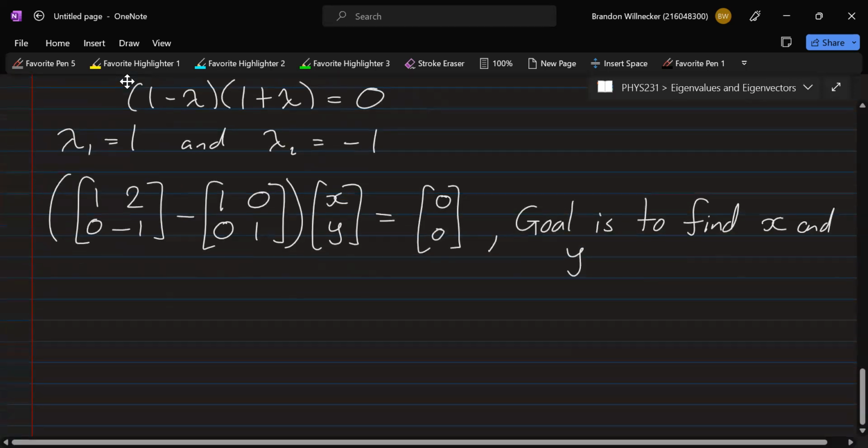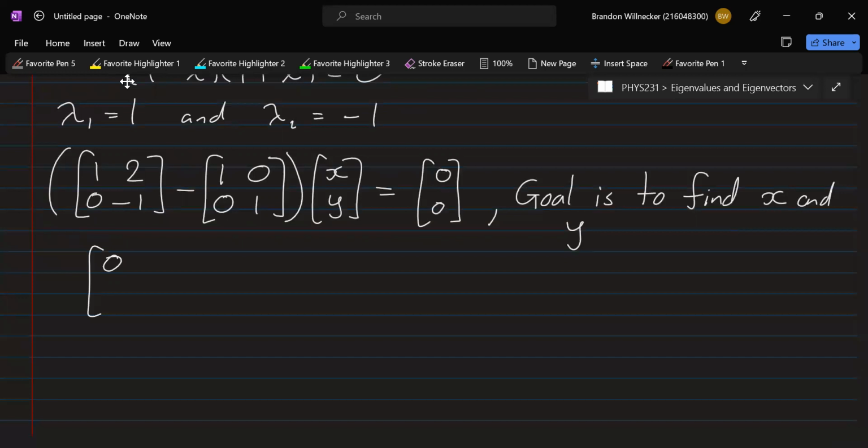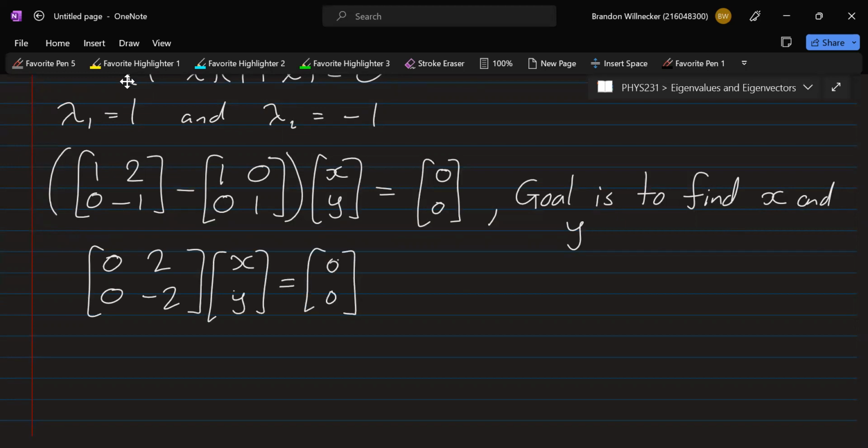Okay, so let's clean this up a bit. So this is going to give us 1 minus 1, that's 0, 2 minus 0, that's just 2, 0 minus 0, that's 0, minus 1 minus 1, that's going to be minus 2. Times x, y equals 0, 0.